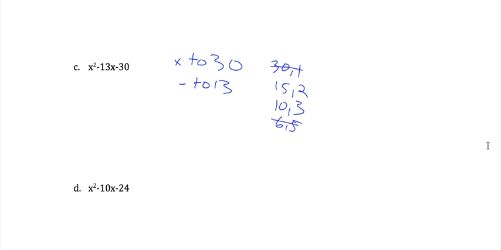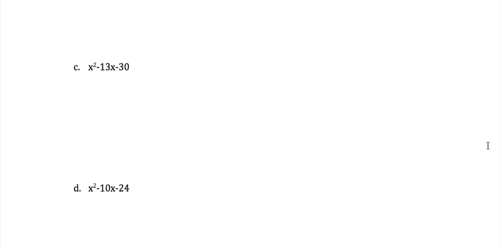Some people get confused between 15 and 2 and 10 and 3, but it's definitely 15 and 2 because we're looking for subtract to 13. 10 and 3 don't subtract to 13. They would add to 13. So it's 15 and 2. The difference here is I want it to be x minus 15 and x plus 2, because that'll give me a negative number in the middle. Try D, pause, and then come back.